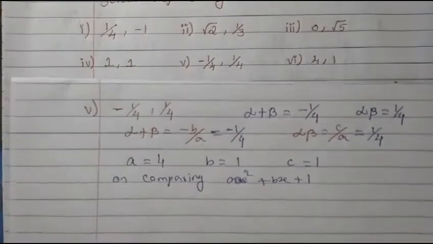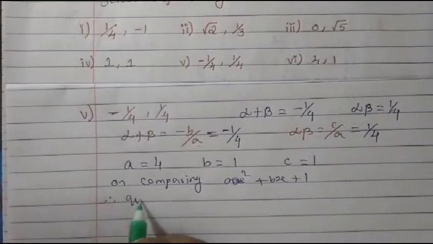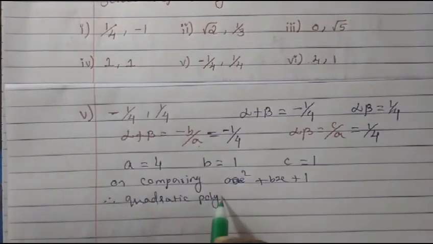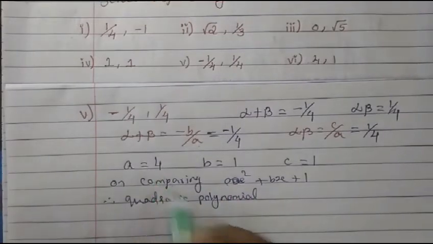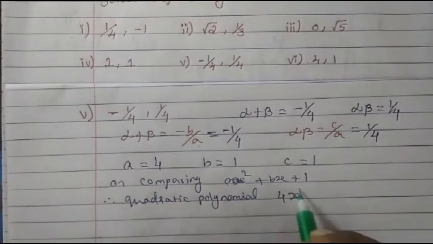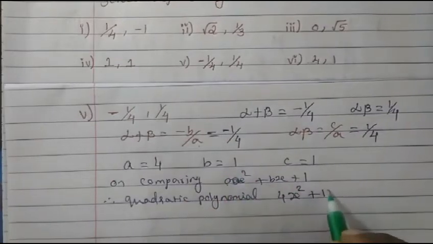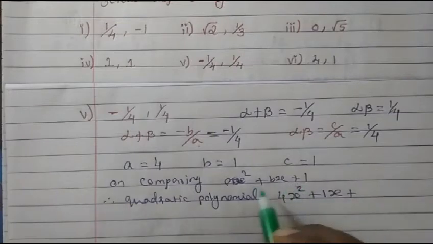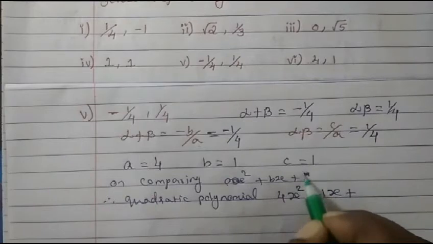So now we'll write down, therefore the quadratic polynomial is, in the place of a we have 4 x square plus b is 1, then x plus c. ax square plus bx plus c should be.